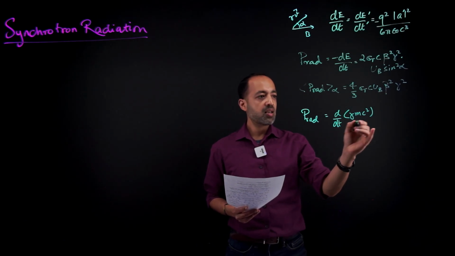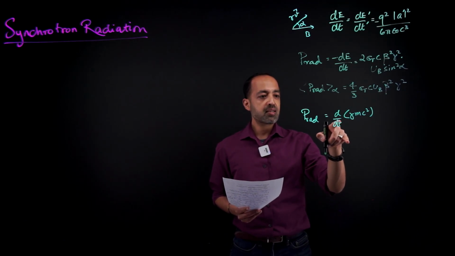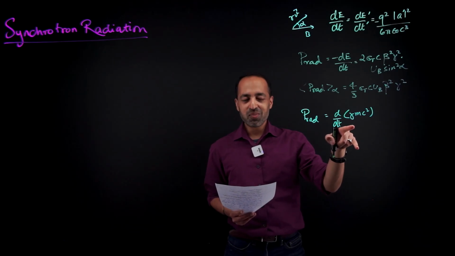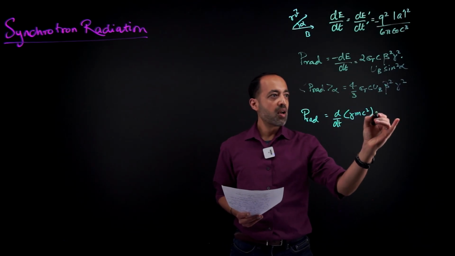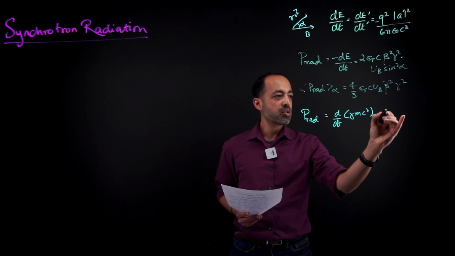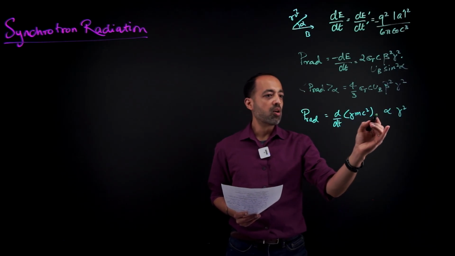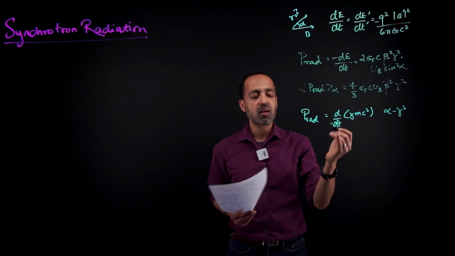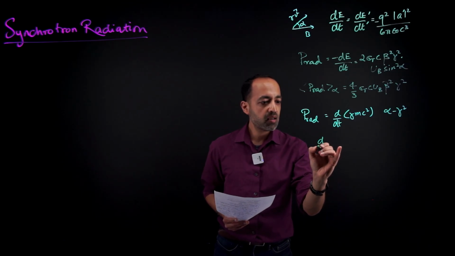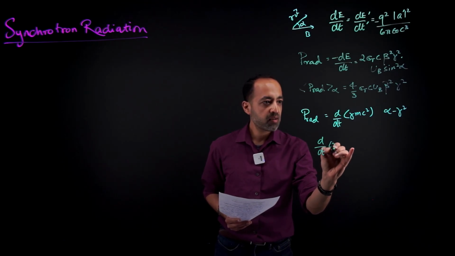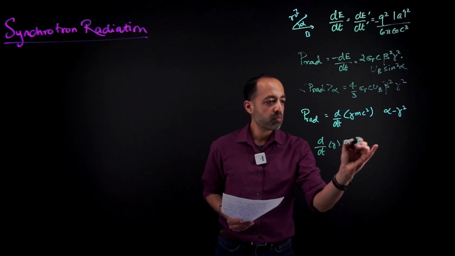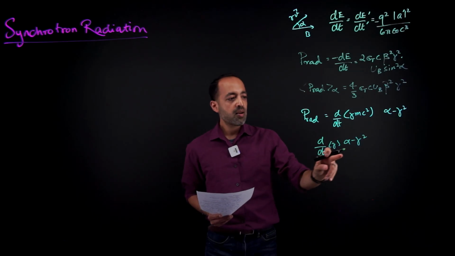And so that radiated power is energy that is now lost by the particle at this rate. And so this rate is proportional, as you see from here, to gamma squared, or more specifically, to minus gamma squared, right?